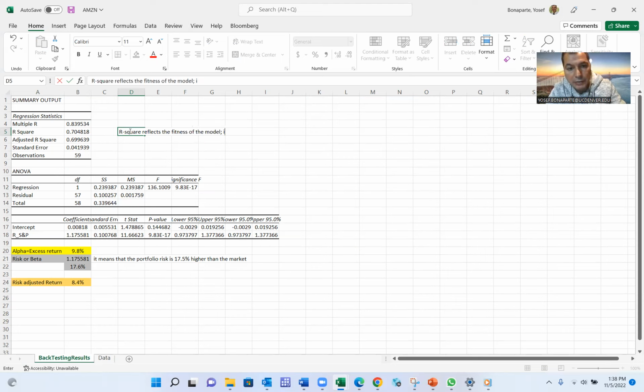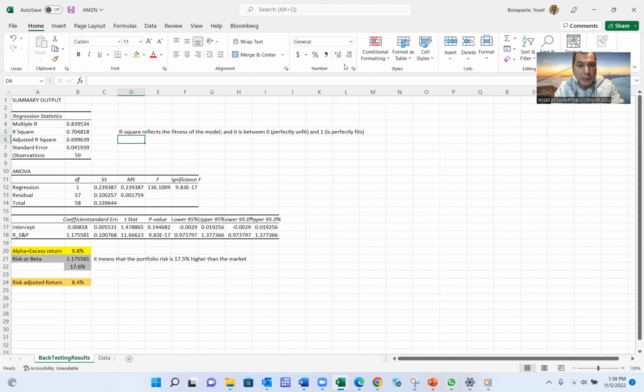It is between 0 and 1, where 0 is perfectly unfit, whereas 1 is perfectly fit, and in our case it's 0.7. That means nice, very nice. I like it. So the model reflects the results, so we can trust this model.